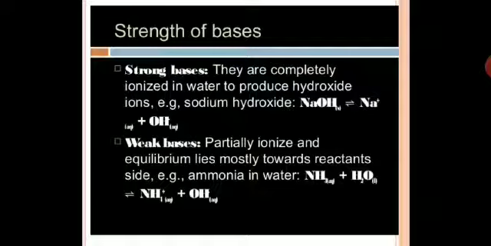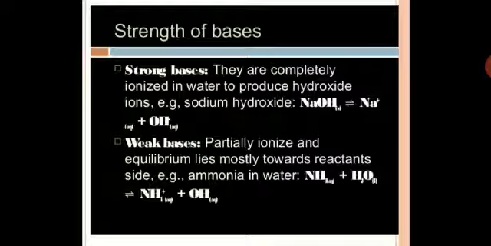As we discussed strength of the acid, we will now discuss strength of the base. What are strong bases? On a similar line as we have defined strong acids and weak acids, we will define strong bases and weak bases. In water, they will dissociate to give you OH minus ions.